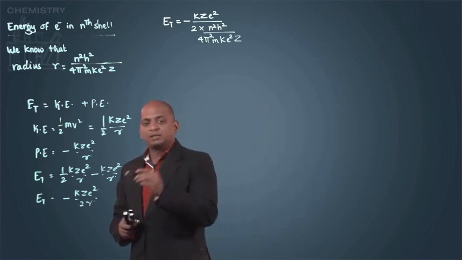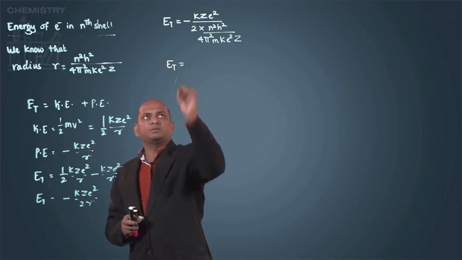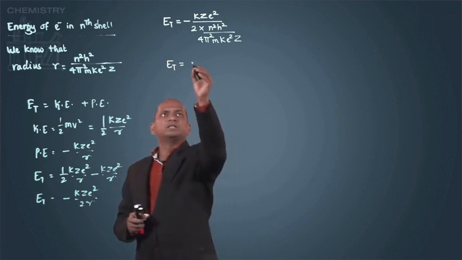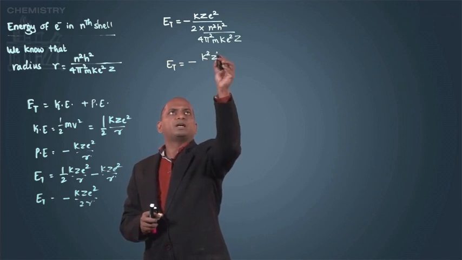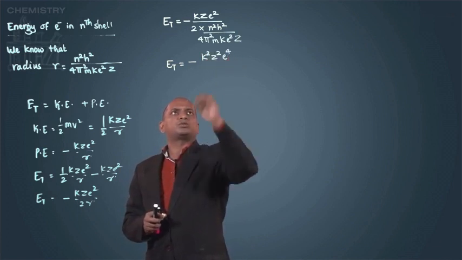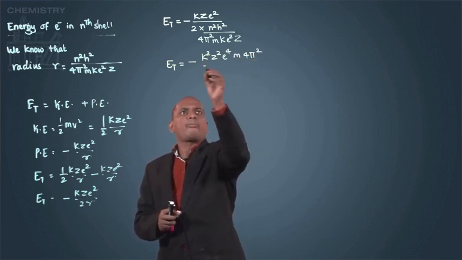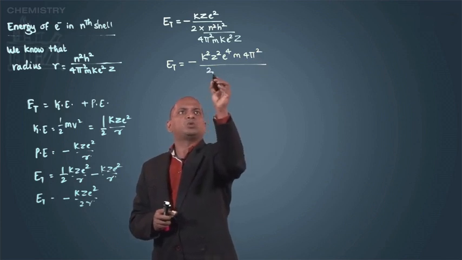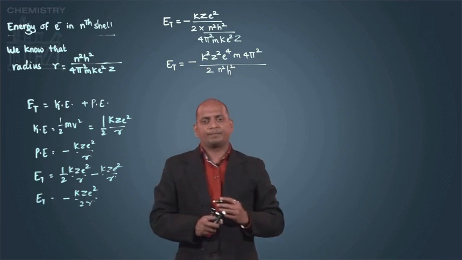So as we know this r, the total energy ET becomes minus k square z square e raised to 4 m 4 pi square divided by 2 n square h square.